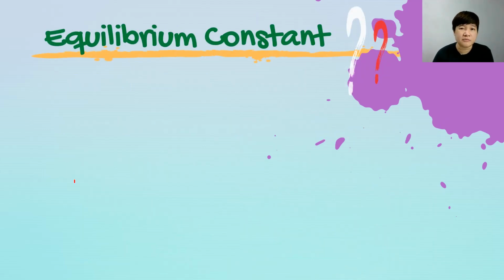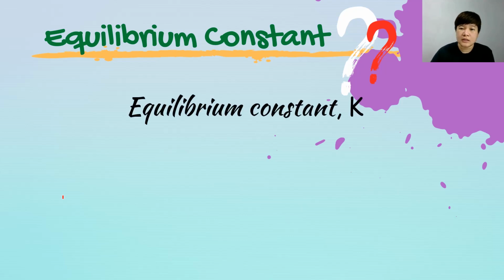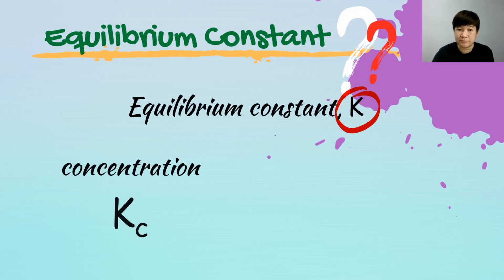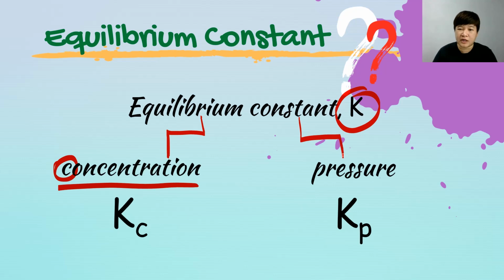Next, equilibrium constant. What is actually equilibrium constant? Equilibrium constant has the symbol of K, alright? And equilibrium constant can be in two terms. The first equilibrium constant can be in concentration, so the symbol that we use is Kc. The second equilibrium constant can be in pressure.